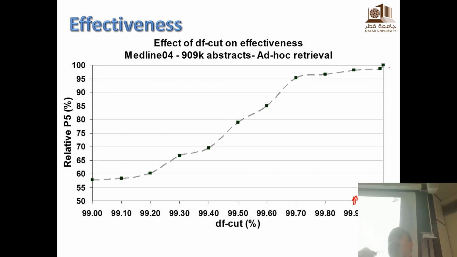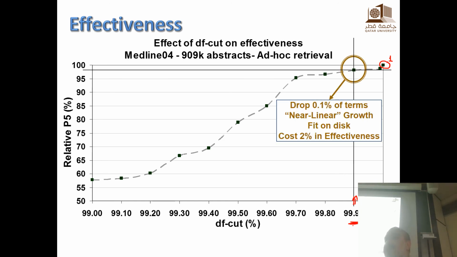We just divide by that performance to see how much we lost if we do the approximations. Now look at what happens when we do 99.9%. That's what we get. This is what we lose. So we lost 2% in effectiveness.